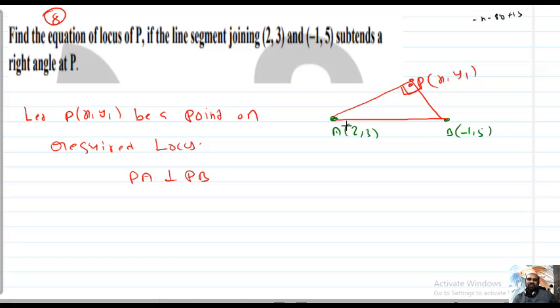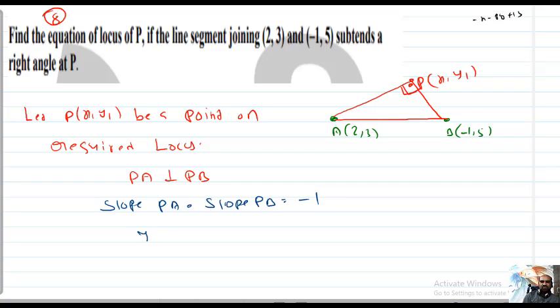One of the ways is AB square equal to PA square plus PB square from the right triangle property, or by the slope concept I can say that slope of PA into slope of PB equal to minus 1. That is better. Slope of PA into slope of PB is equal to minus 1.